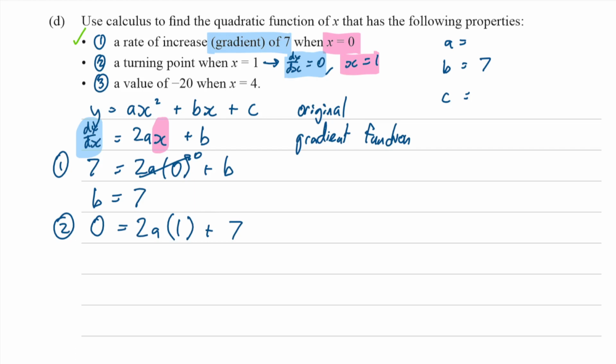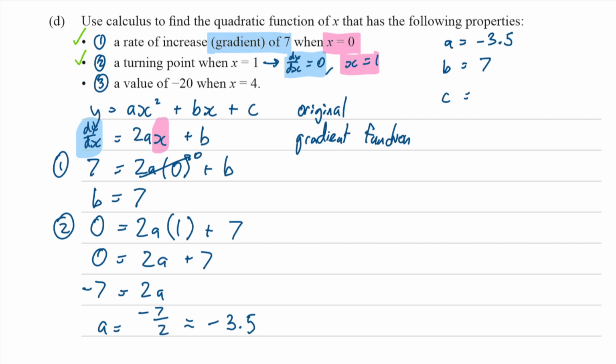So 0 equals 2a plus 7, subtract 7 on both sides, and divide both sides by 2. So a equals negative 7 over 2. Or as a decimal, negative 3.5. Alright, so we found A using the second bullet point.